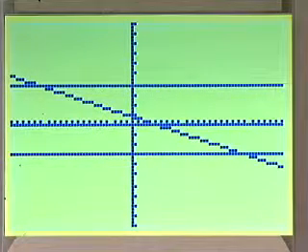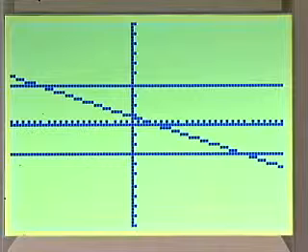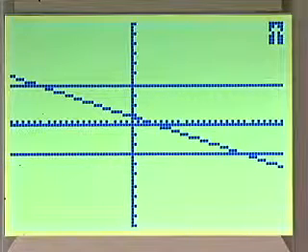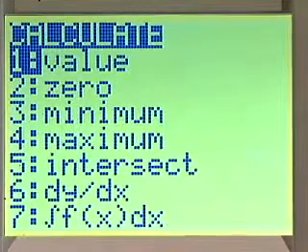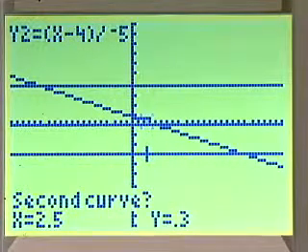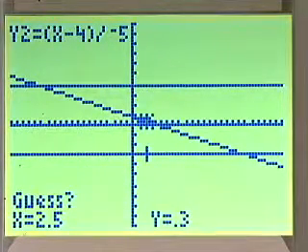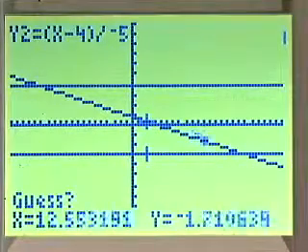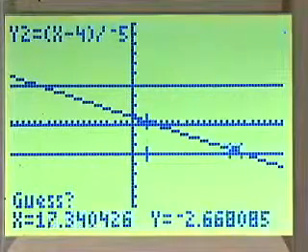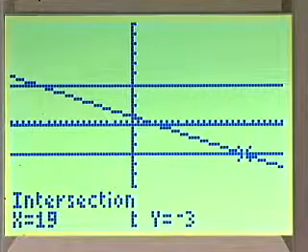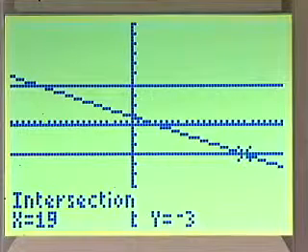Now in this instance, our solution actually is in between the two horizontal lines. We could get our intersection points by doing intersect, where we could do first curve, second curve, that's y1 and y2, and then the intersection of those two graphs is, as we guessed before, 19. That confirms our solution.